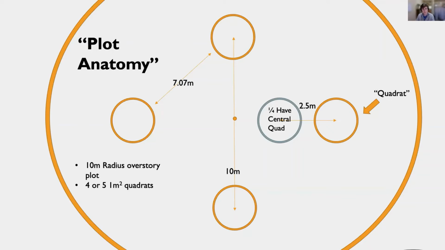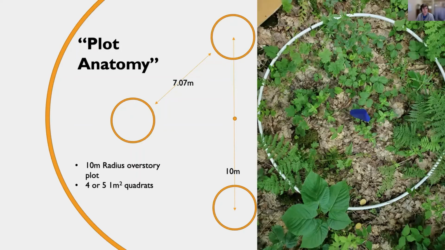And that was hopefully to capture some fine scale spatial variation in the vegetation, which we can talk about later when we get to the results. But each of these small circles represents a vegetation quadrat that we surveyed. And they look like that, around flags, lots of fun, lots of species there.